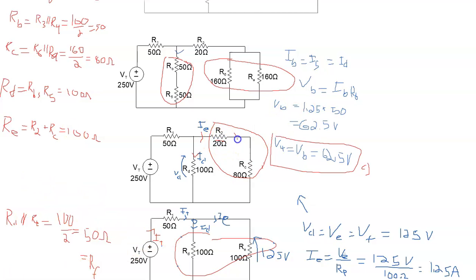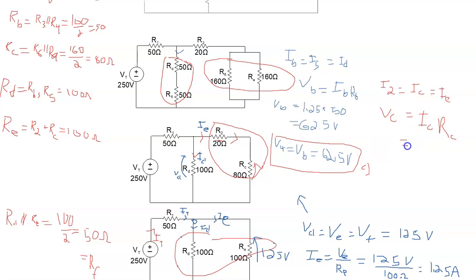Okay, so in addition now, we also are going to say that right here, this current is IE, and so we want to say that I2 is equal to IC is equal to IE. And we can say now that the voltage here is VC, and VC is of course equal to, by Ohm's law, IC times RC.